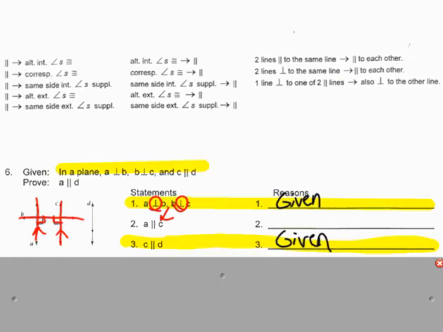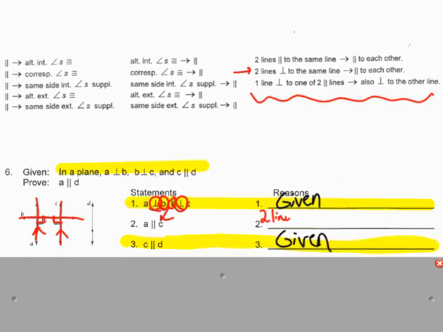Do you see how the second one has 2 lines perpendicular to the same line, they're both perpendicular to B, then they're parallel to each other? That's exactly what that one said. So now you just have to write really slow and write that whole thing in there.